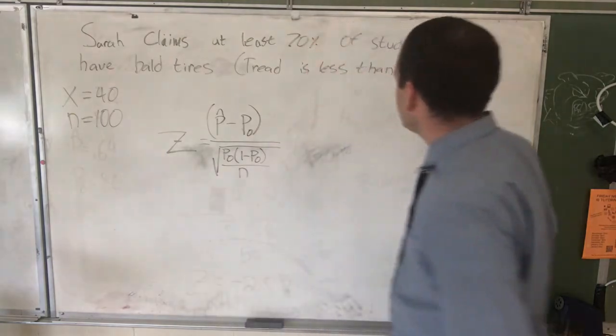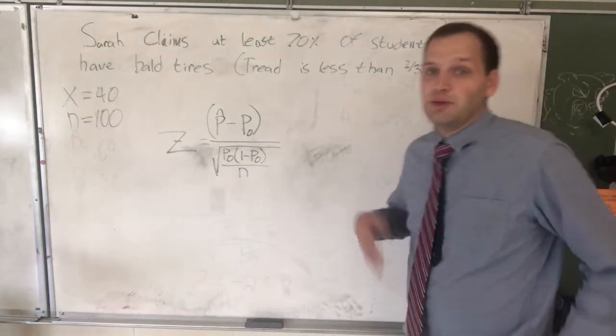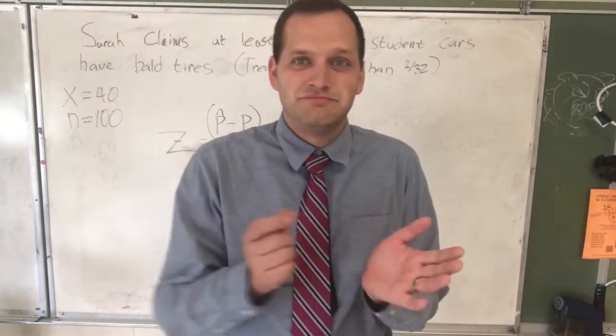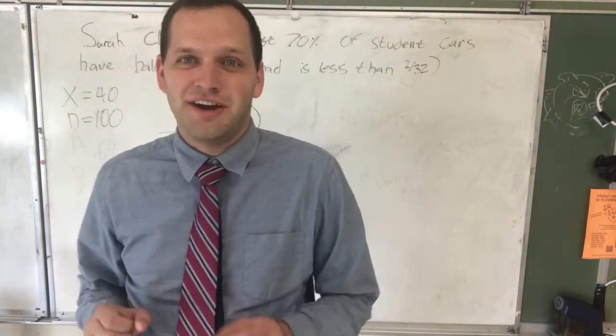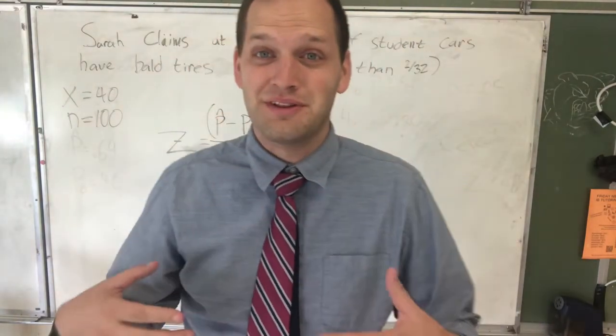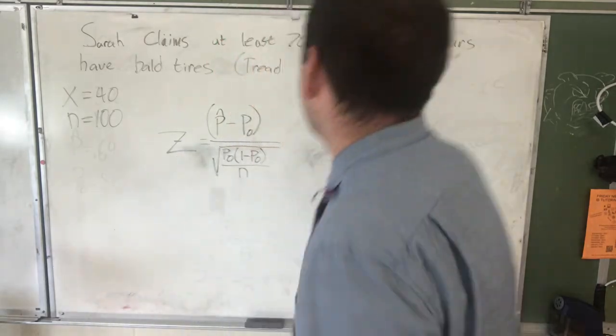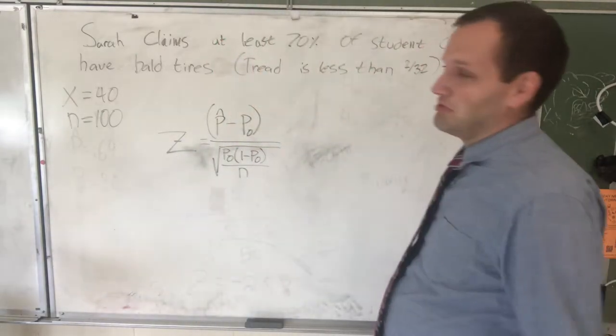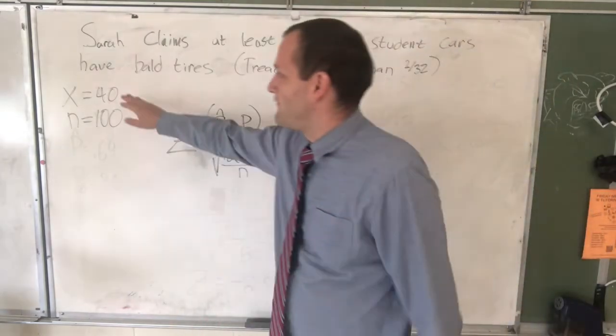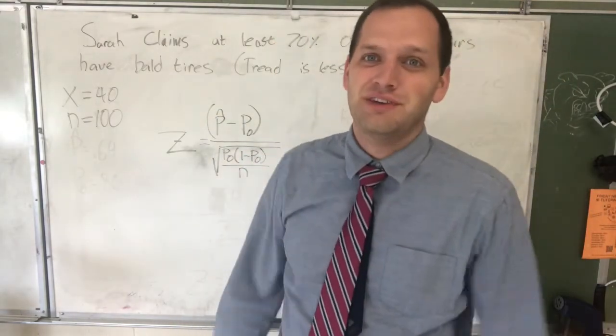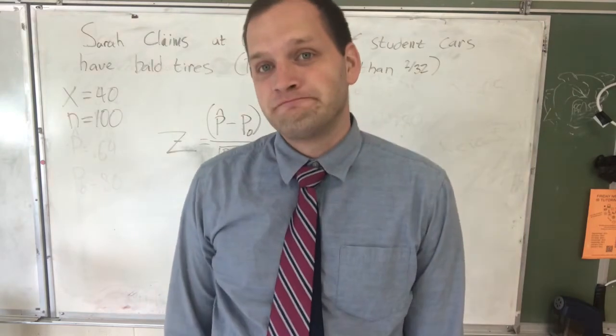Okay, so 2/32. So we go out and we've got our little gauges to check students' tires. I've actually got some here. If we were in the classroom, we would go out and do this activity today, but we're not. I'm sorry. So we go out, we check a whole bunch of students' tires, and we find out that 40 out of the 100 that we survey have bald tires.